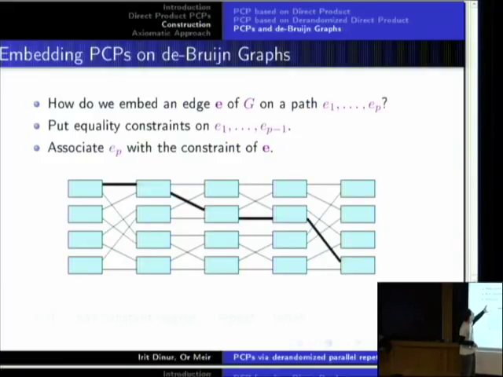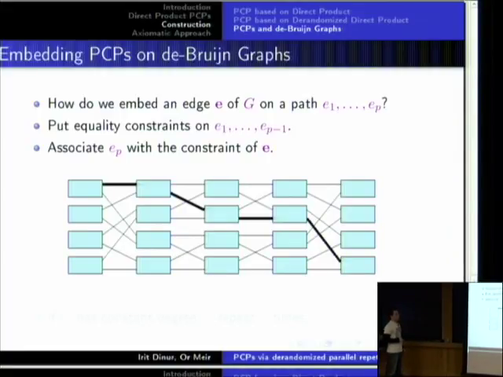This will route the value assigned to this vertex of the original graph up to here. And this is the unique neighbor of the original vertex. And now we identify the constraint of the edge bold E with the last edge in the path.